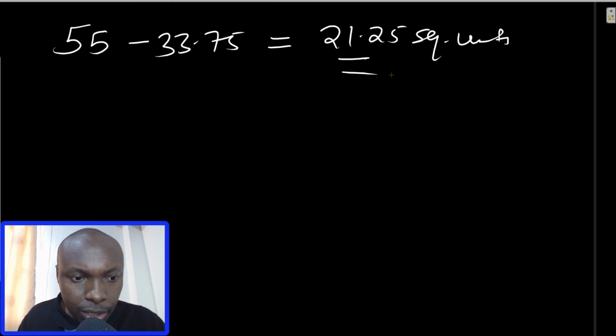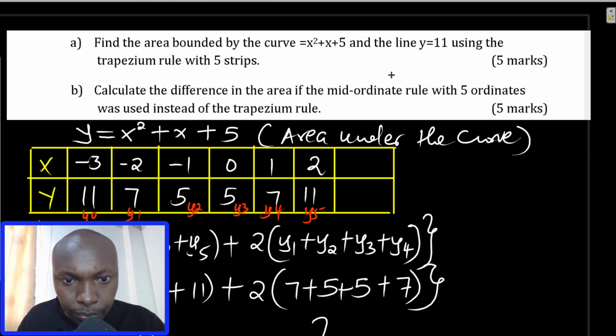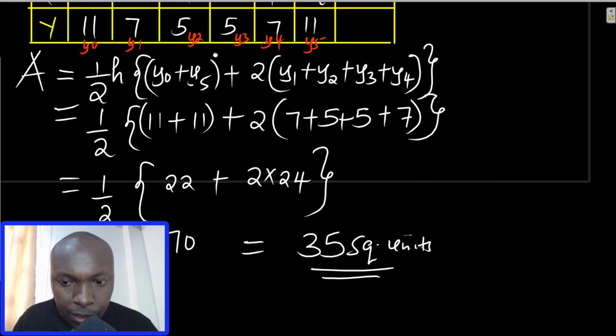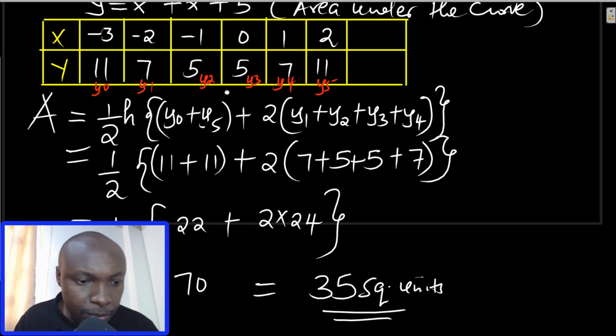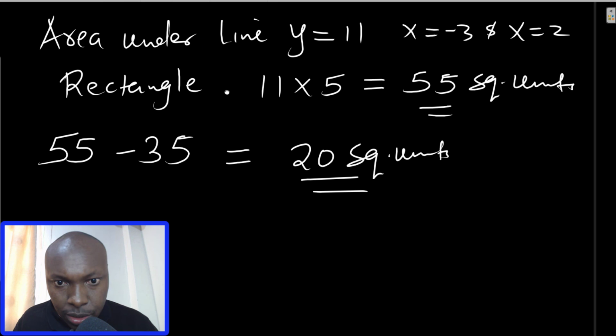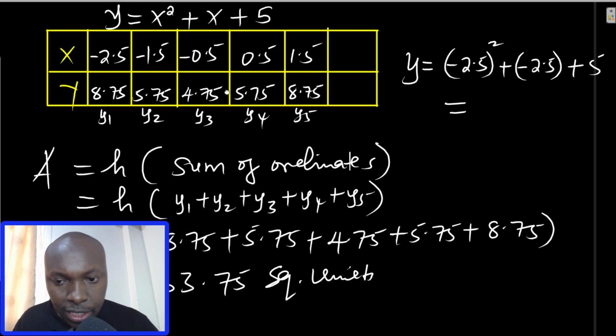So the question was, what is the difference in the area if the mid-ordinate rule was used instead of the trapezium rule? So you just need to get the difference. When we used the trapezium rule, we got the answer is 20.